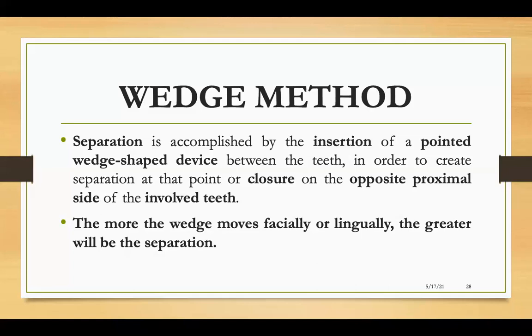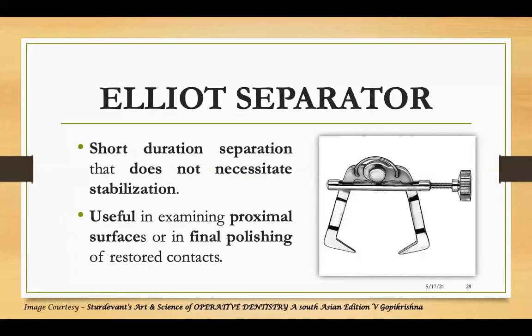I repeat, separation is accomplished by insertion of a pointed wedge-shaped device between the teeth in order to create separation at that point or closure on the opposite proximal side of the involved tooth. It is just not separation that you gain sometimes. Sometimes it is also closure of the opposite proximal side of involved teeth.